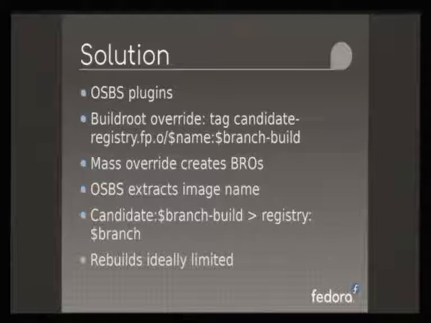If there is, we'll pull that down and we override the from line to use that. That way, you can be sure that that one is going to be used. So if you build a Fedora base layer now and you mark this build root override, it would take about 2 minutes before you can build the next layer instead of having to push it all the way through.